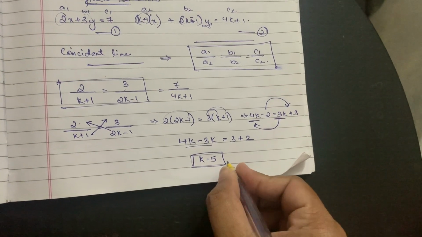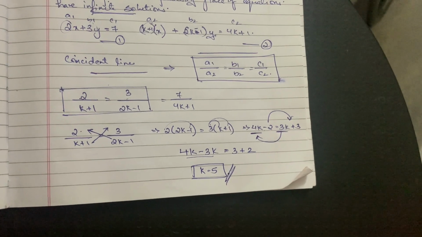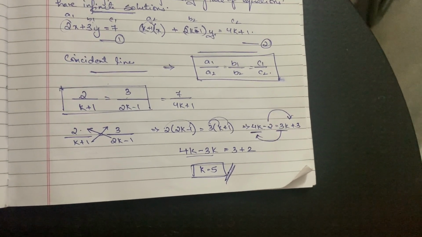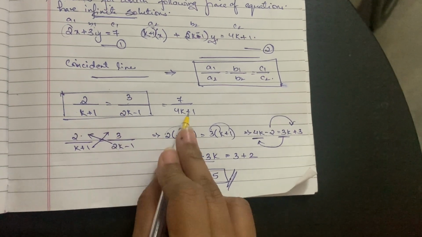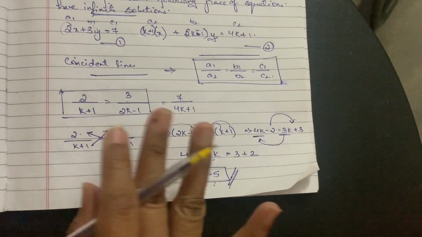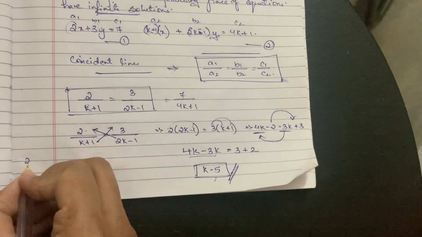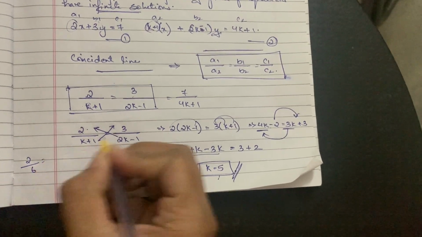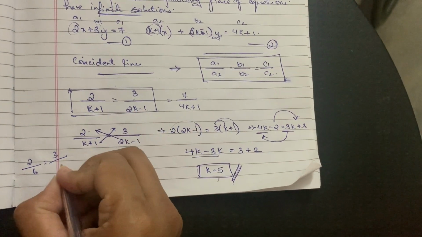Now k is equal to 5, I've got it and I am happy with this k. There will be no other k value because he asked me to find the value of k, and I did it. Now I can substitute this k in all the equations and check if my answer is correct or not. When I substitute k as 5, 2 upon k plus 1 will be 2 upon 6, is equal to 3 upon 2k minus 1, 2 fives are 10, 10 minus 1, 9.